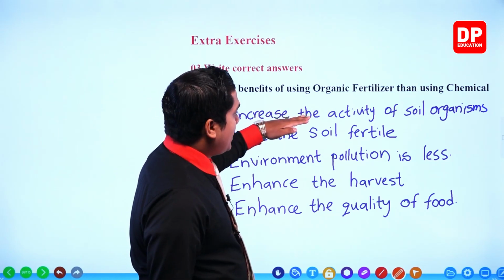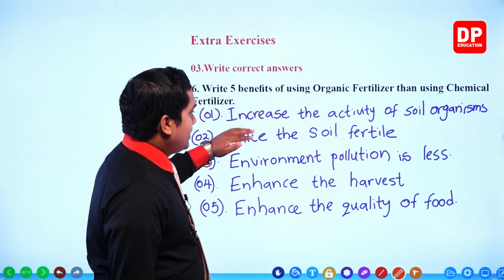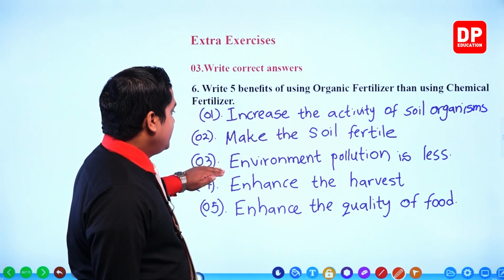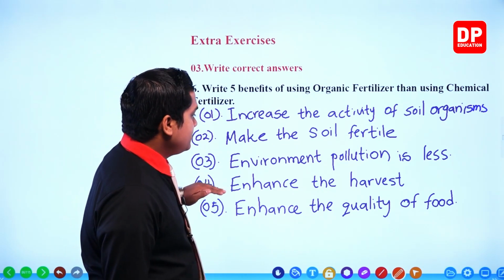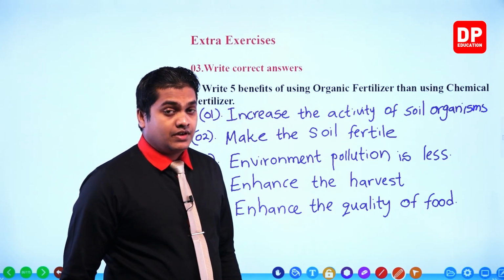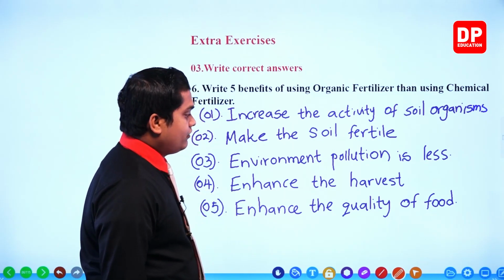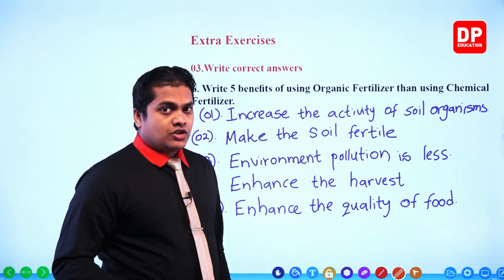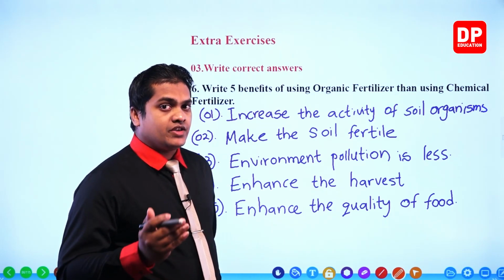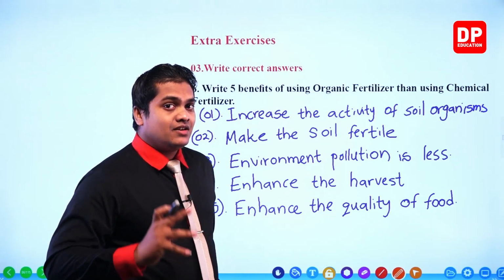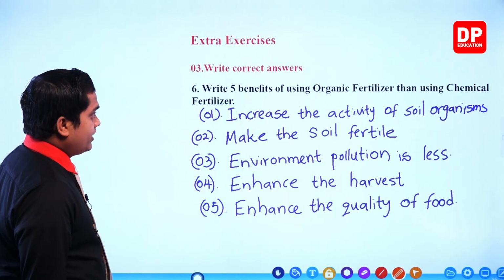So it increases the activity of soil organisms. Because of that, the soil is getting fertile. Then environment pollution is going to be very less. Then it will enhance the harvest. Day by day, we can increase the harvest. Then it will enhance the quality of food. Right? That means, my dear children, when consuming these crops which are grown by using organic fertilizer, will increase our health. Okay. Right. So these are the benefits of using organic fertilizer.